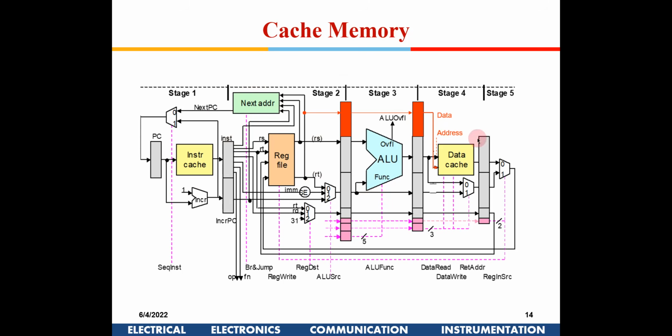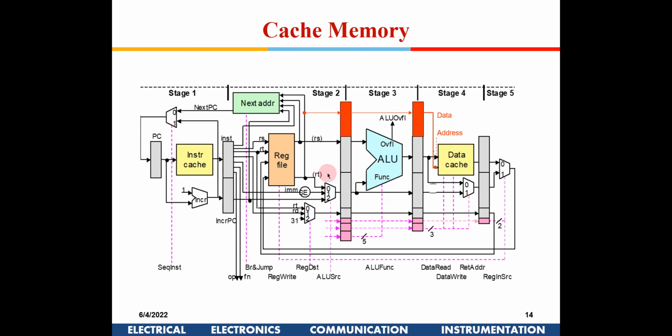In this block you have a data cache and an instruction cache. Some instructions which are being referred to constantly are kept in the instruction cache. Similarly, some data which is being continuously accessed is kept here.